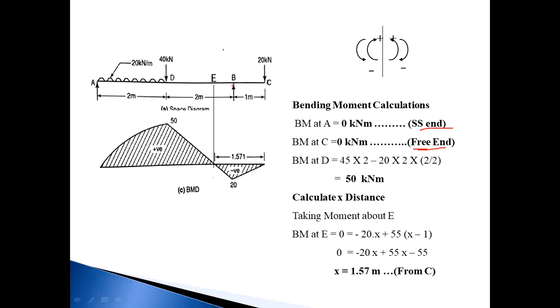Now B is not a simple support, B is a continuous support because at the right side of B there is an overhanging portion. In the last lecture we considered that MB is equal to 0 because B was a simple support. But in this case, this is an overhang beam, that's why this is a continuous part of BC. So the MB value will be something.